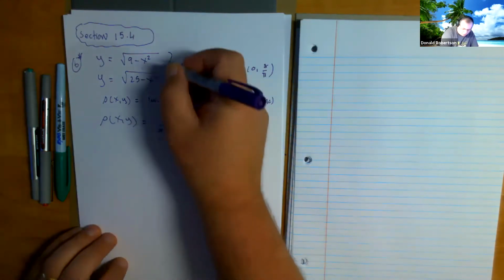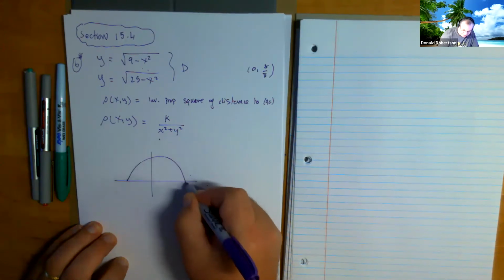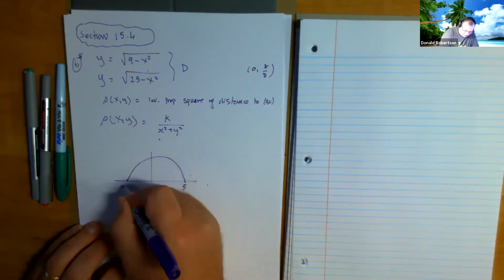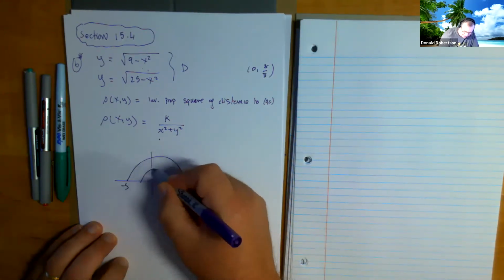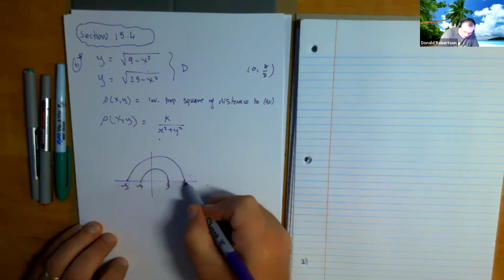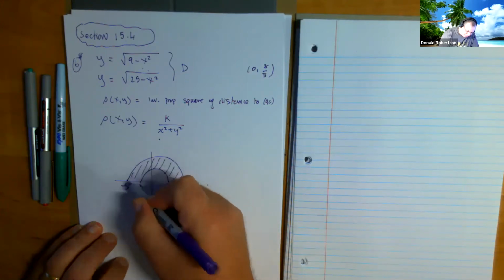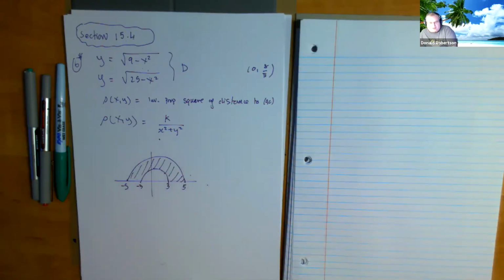So what does this look like? Well, it's half a circle, starting at 5 and finishing at -5, and then half a circle, starting at 3 and finishing at -3, and it's the top half. I think we've seen a shape like that before. I may even have skipped by this question last time.